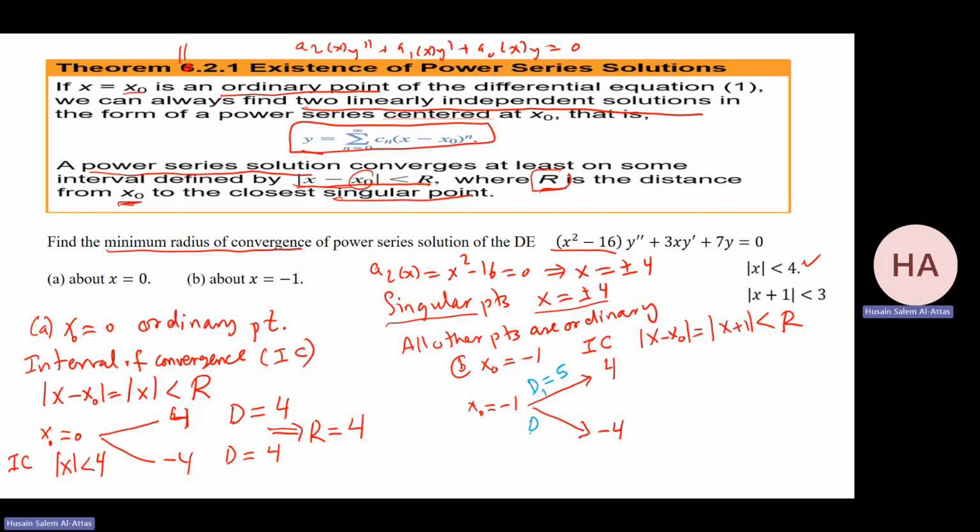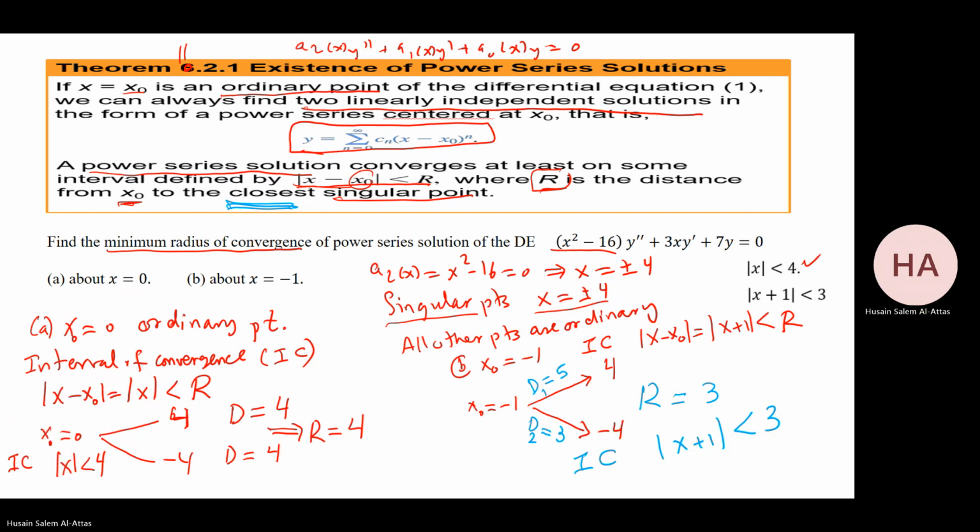What's the distance to minus 4? The distance is 3. So what's my capital R? The minimum of these, since I want the closest singular point. So R equal 3. So my interval of convergence will be absolute value x plus 1 less than 3. That's my interval of convergence.